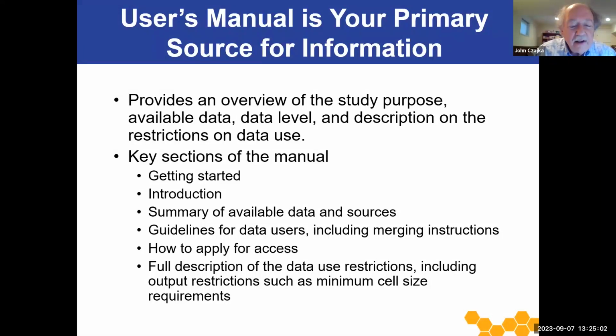As a reminder, unlike other FACES 2014 data files, this data file can only be accessed through CF Data's virtual data enclave. It also has restrictions, as we mentioned, on the kinds of outputs that users can produce with the data, including minimum cell size requirements or a maximum number of contextual variables used in an analysis. All of these restrictions are described in the user's manual.